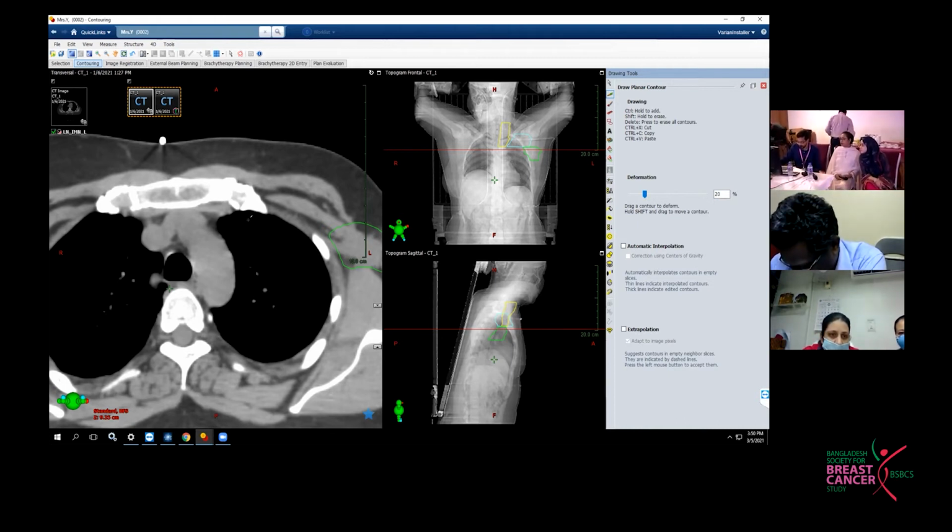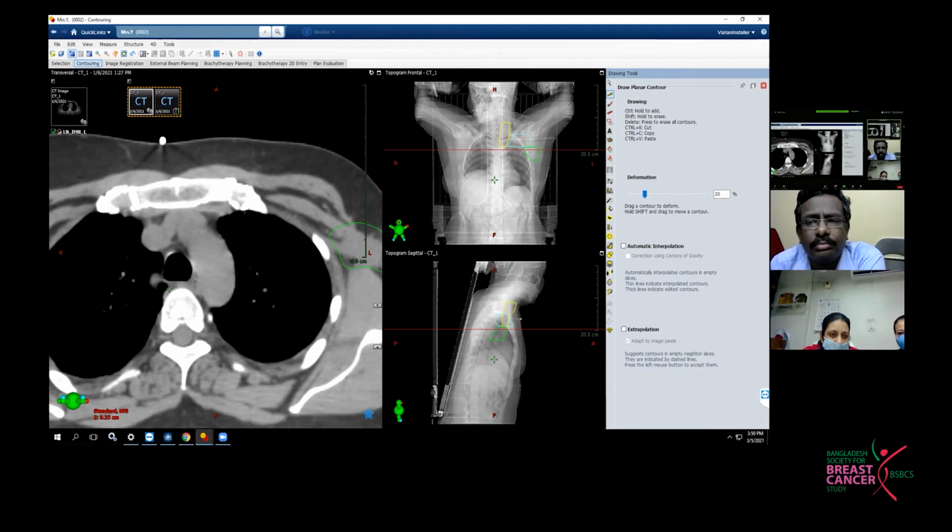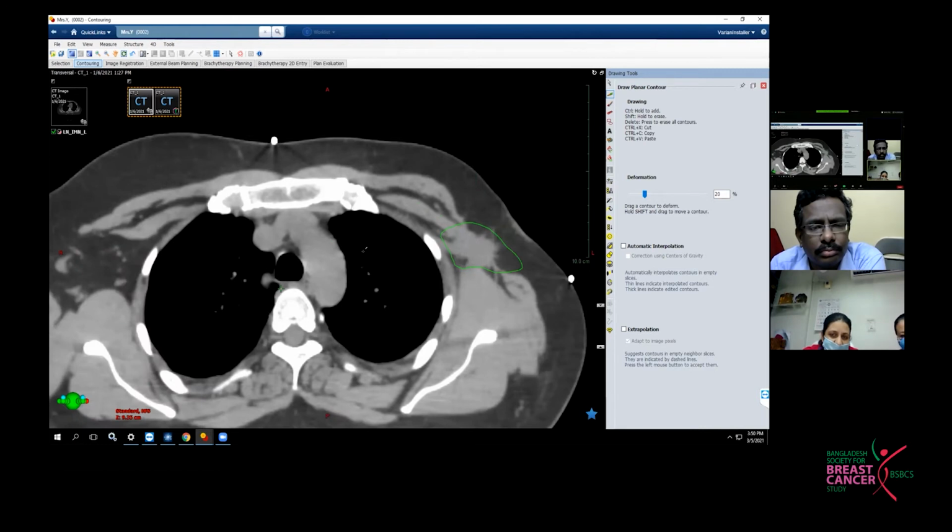So now we are going to start the internal mammary lymph node. It starts from the first rib with the junction of the manubrium. We should also discuss planning, because that is very important. Okay, I will move to the planning thing.